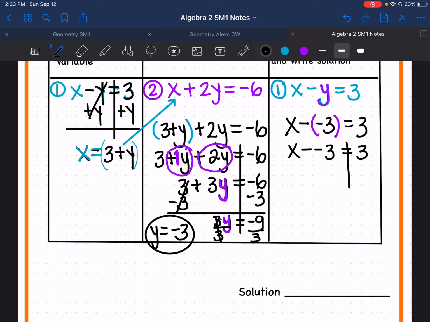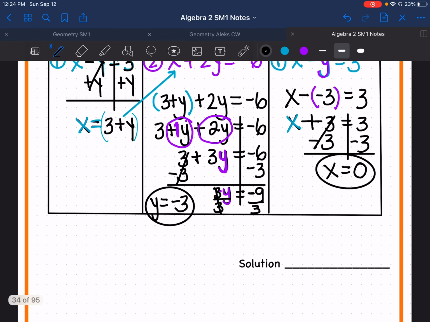I can solve this equation. Minus a minus would become a plus. So to get that x by itself, I'm simply going to get rid of my plus by subtracting. It cancels on both sides. 3 minus 3 is 0, and there's my second answer. If I have to write it as an ordered pair, I would write it as 0, comma, negative 3.